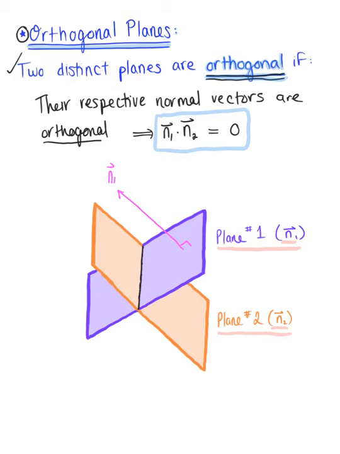And then here is the normal vector of the second plane, vector n sub 2. And again, this vector is intersecting that plane at a 90-degree angle. Now, if these two vectors, n sub 1 and n sub 2, are also intersecting at a 90-degree angle, then this means their dot product is 0, the vectors are orthogonal to each other, and therefore the planes are also orthogonal planes.